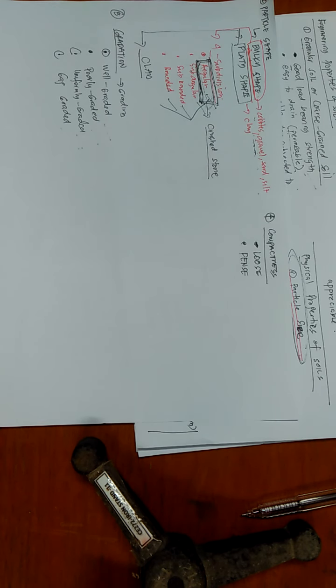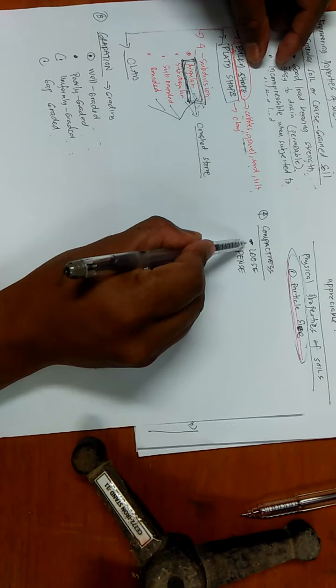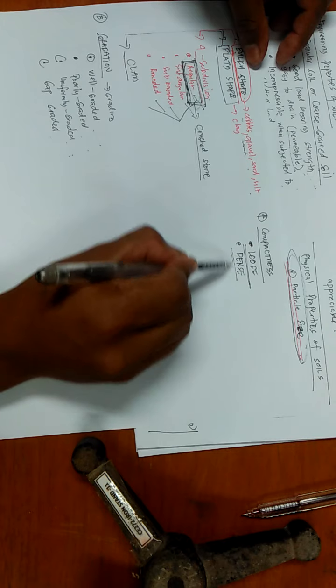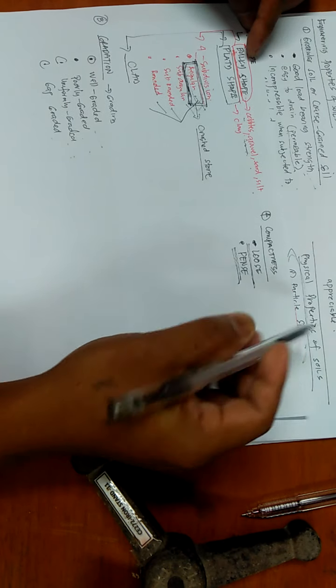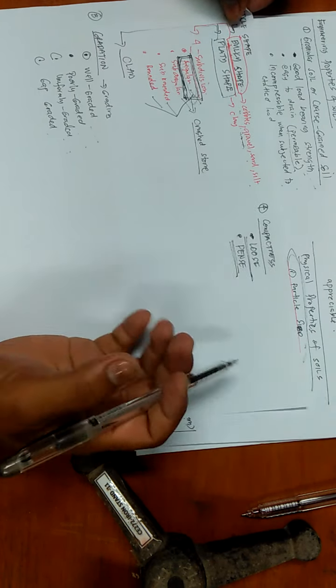That is why in our next video, when I explain sampling and testing materials, you will learn a lot about compaction and our field density test. Alright. It will be further discussed and explained there, whether the compactness is loose or dense.